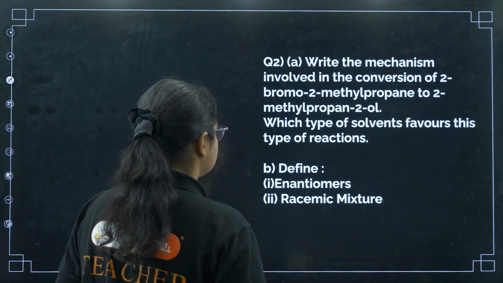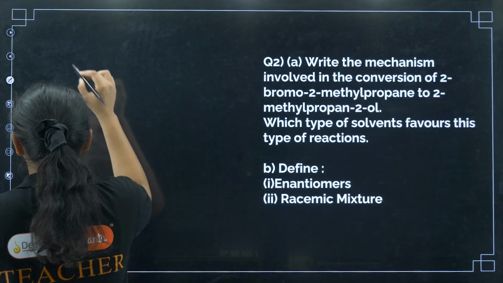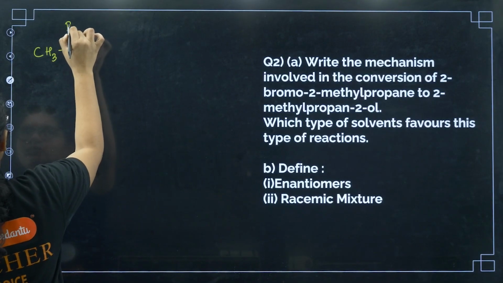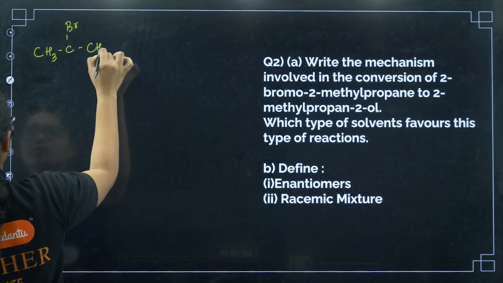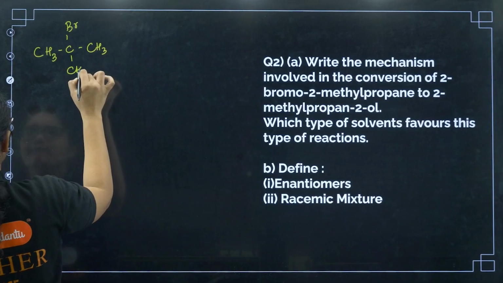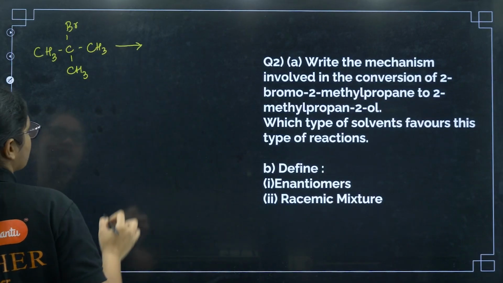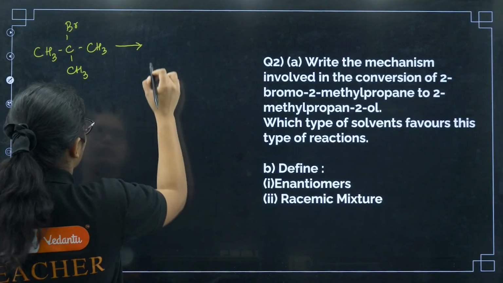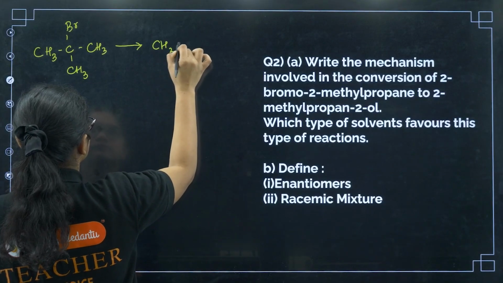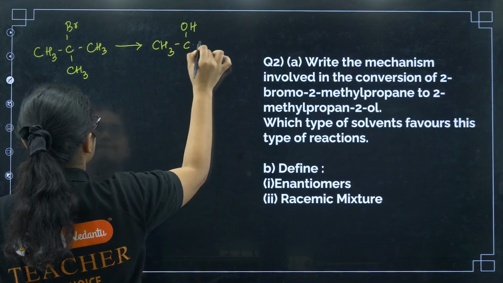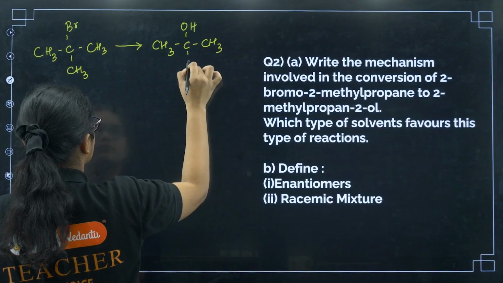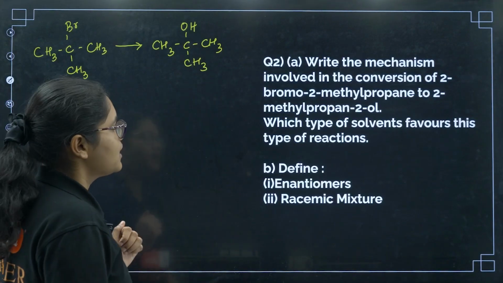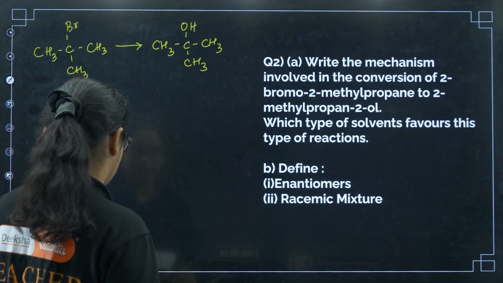So first of all, I have 2-bromo-2-methylpropane to 2-methylpropan-2-ol, for which you have to write the mechanism here.